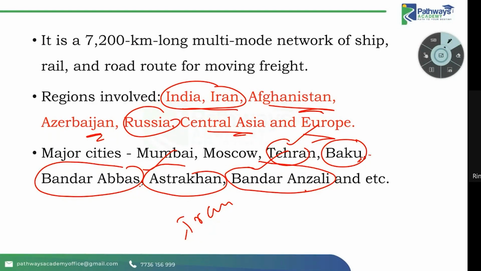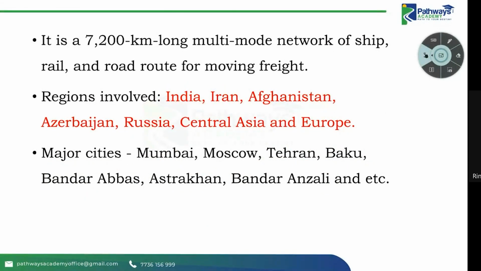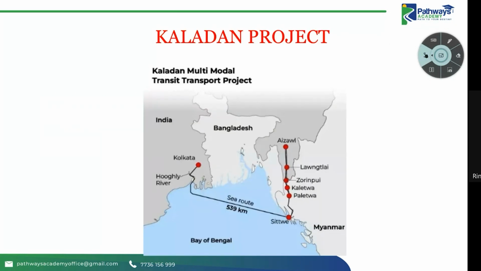When we hear this word, we will think Azerbaijan or something, but this is in Russia. Astrakhan is in Russia. Okay, please note the cities.